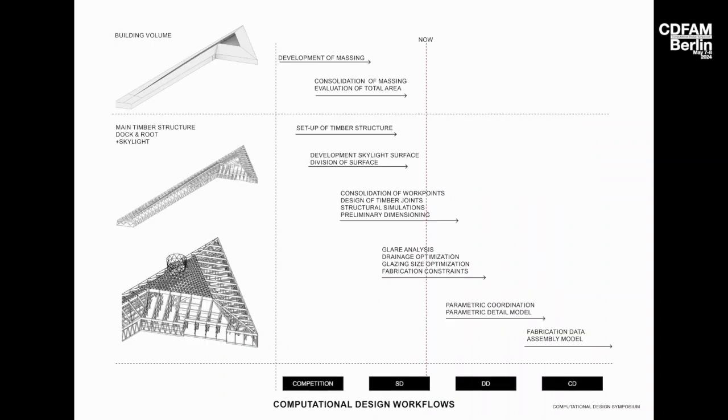In this slide, you see a few processes which run simultaneously. The overall geometry of the envelope is complex in itself, so we used scripts to develop and control the massing, in order to get control over the area, but also to understand local constraints such as views and other site-based conditions, so we can be very accurate and precise in developing the massing.